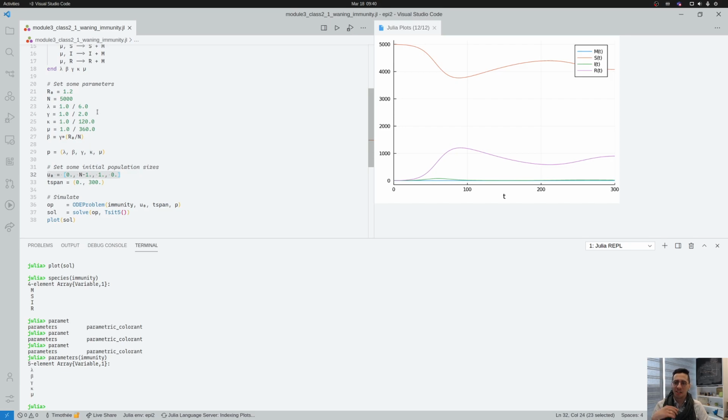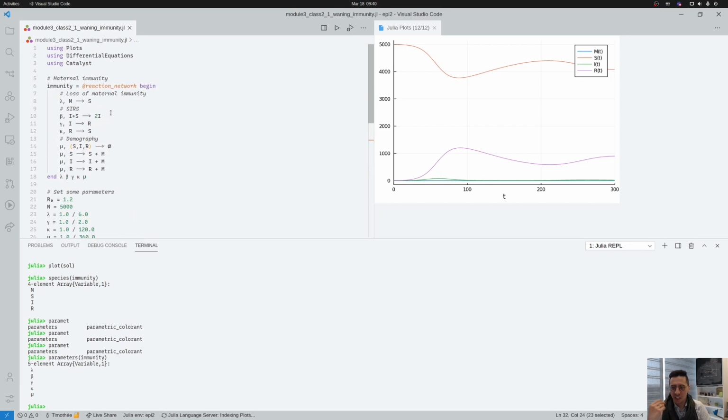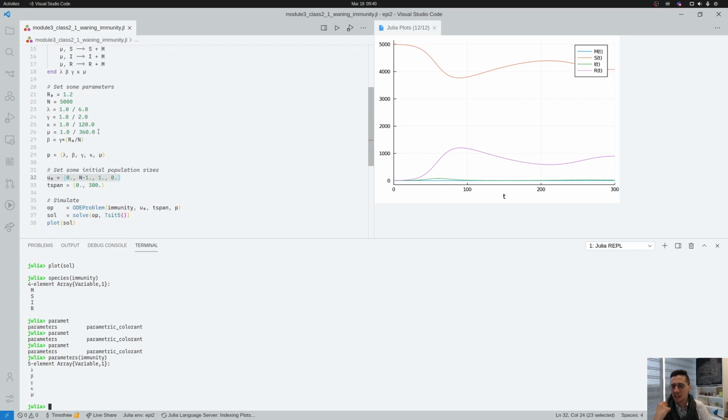That's something that we didn't check so far because I sort of knew what the order was, but whenever you write your model, it's a good idea to check that both the variables and the parameters are in the correct order, because if you don't, you're going to put the wrong variable in the wrong place, and it's going to give you a wrong prediction. So that is the importance of the parameters and species methods.